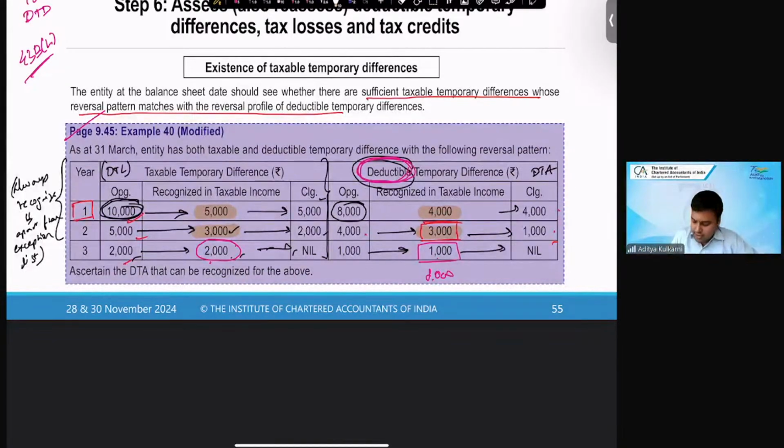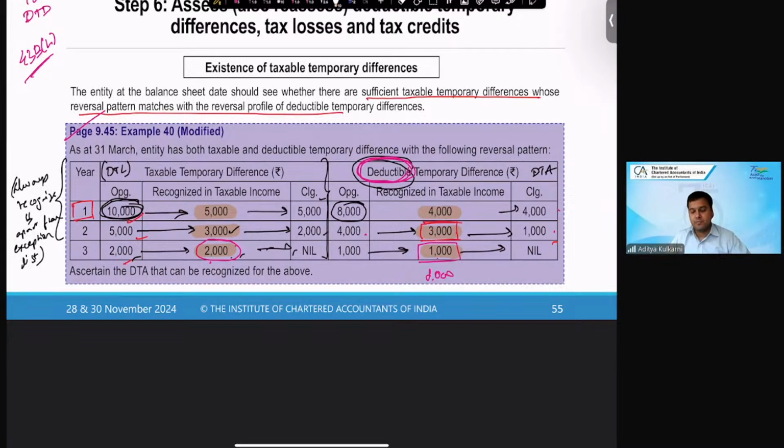Year 3, my liability reversal is 2. My asset reversal is 1. Do I have adequate liability reversals to match my asset reversal? Yes, sir. In all these 3 cases, for each of the years, I have adequate taxable differences getting reversed in line with the pattern of reversal of deductible differences.